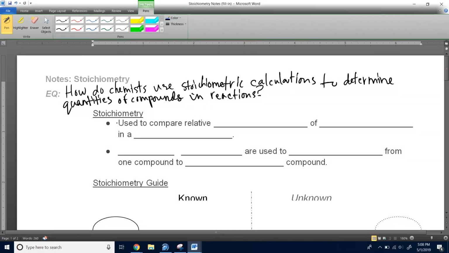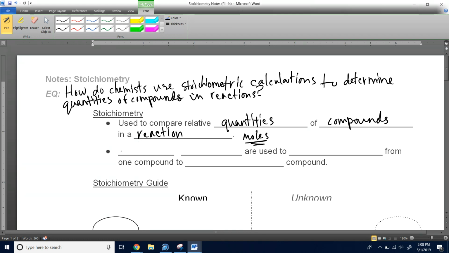So in stoichiometry, we've already talked about it for a little bit, but here it's used to compare relative quantities of compounds in a reaction. Whenever we're comparing quantities of compounds, we are always going to be using moles. This is our staple unit.